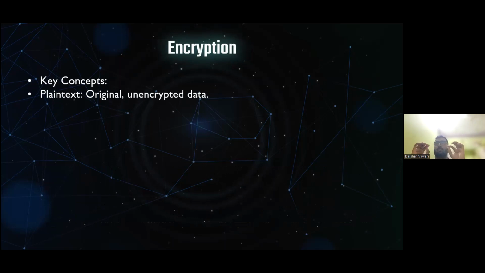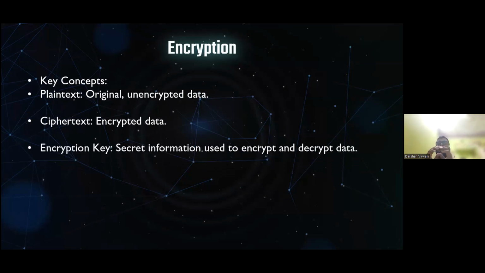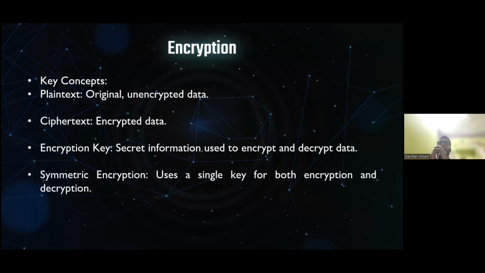Plain text means original unencrypted data. Next is ciphertext. What does it mean? Data converted from normal data is called encrypted data, or ciphertext. Next is the encryption key, a particular key which is used to decrypt that ciphertext.